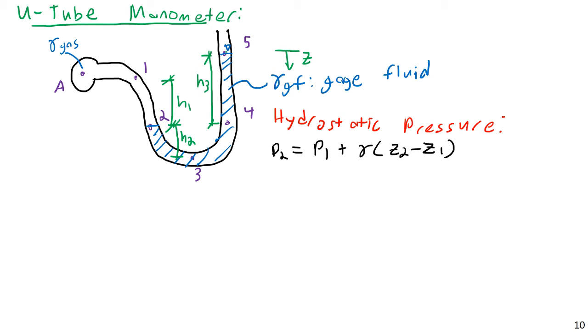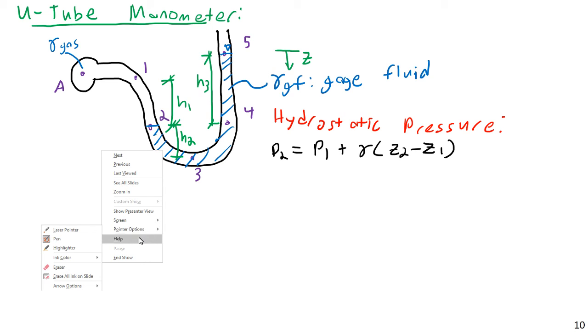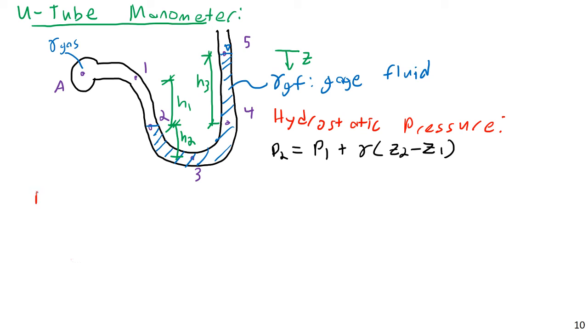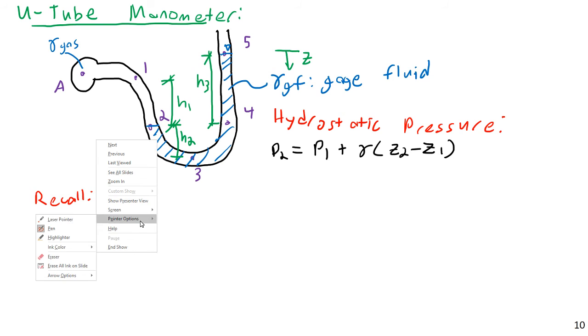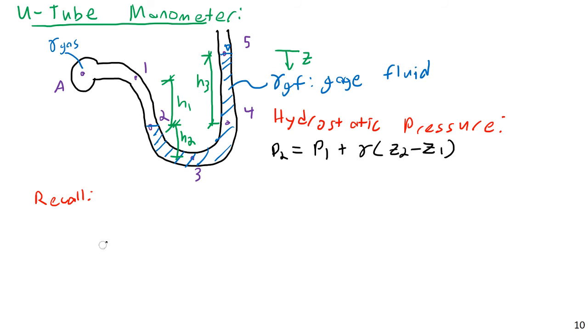I'm declaring the 0 line the peak of the gauge fluid, measured downward with positive Z. Now, something to keep in mind as I set up the following equations. Recall: when we go down through a fluid, we add pressure.